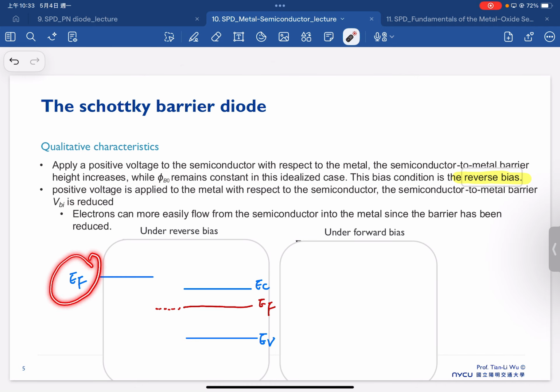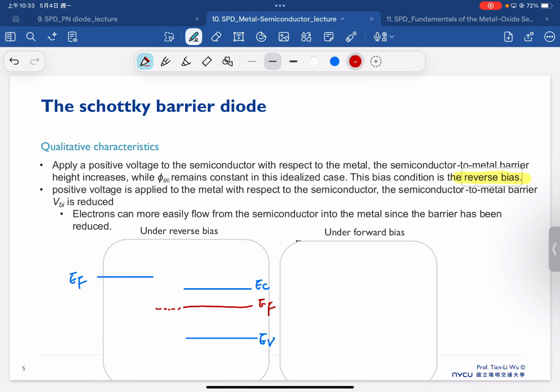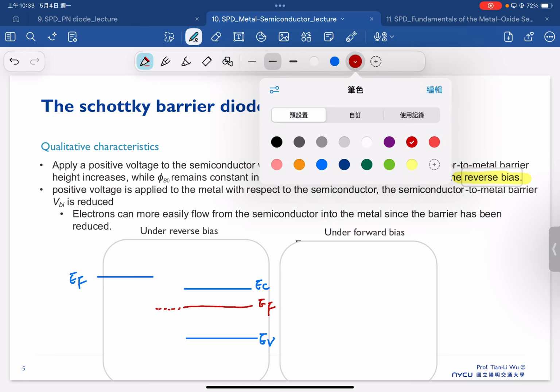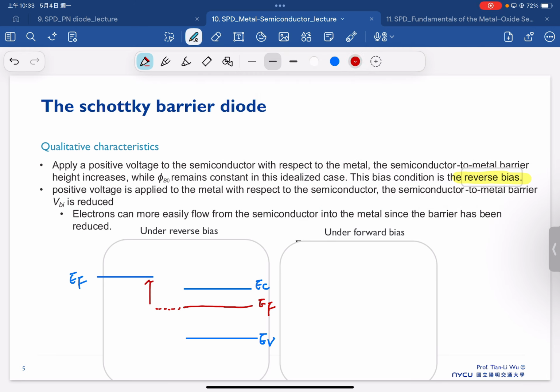The difference between the EF in the metal and semiconductor here is due to the additional reverse bias. And therefore, with this additional bias, we can foresee our barrier height can be increased.